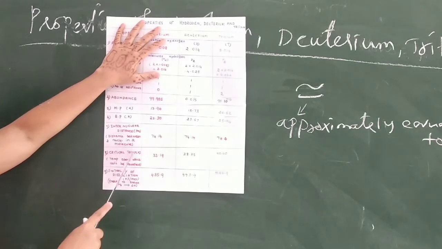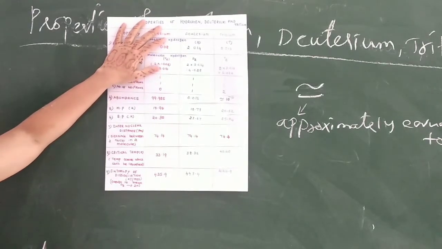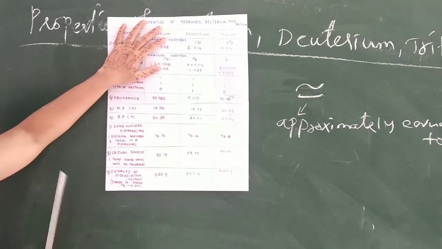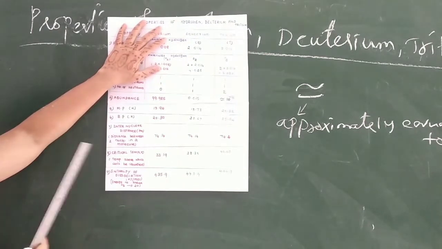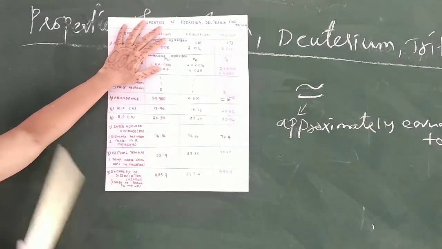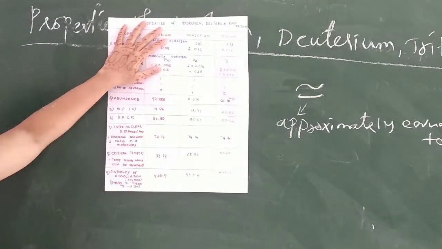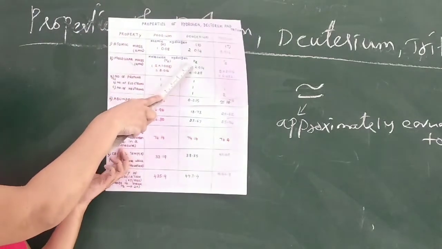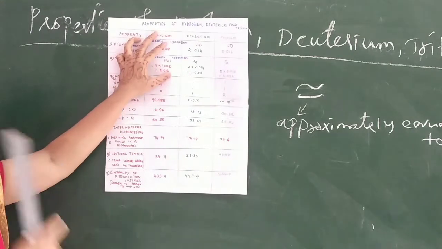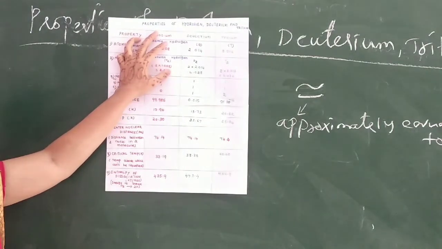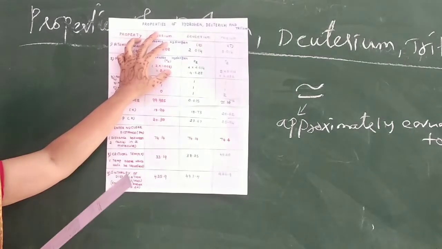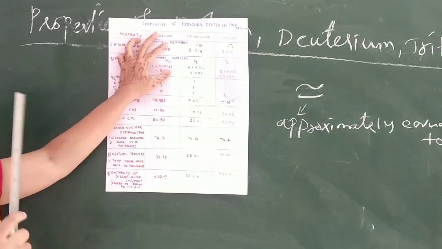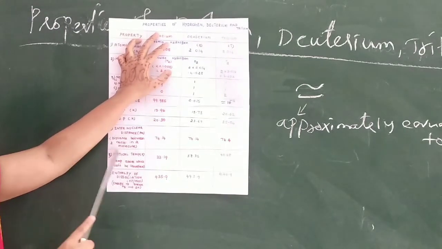Next property, critical temperature. What is meant by critical temperature? When a liquid is heated, what happens? It becomes vapor. When vapor is cooled, what happens? It becomes liquid. That process is called liquefaction. So critical temperature is a particular temperature related to the gas becoming liquid.